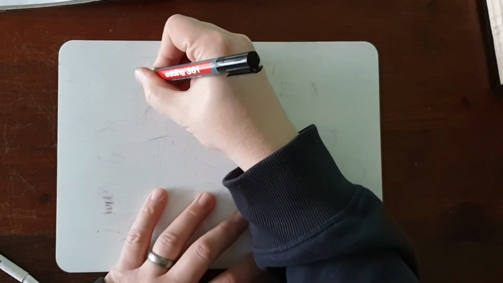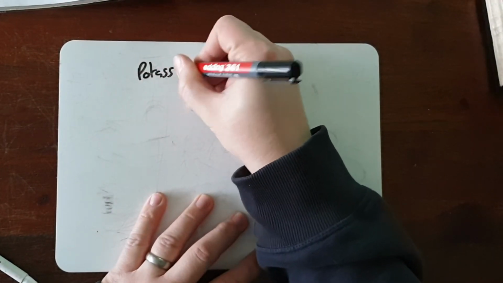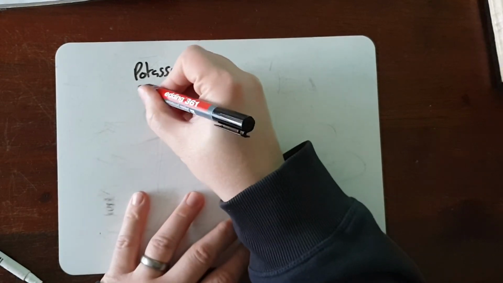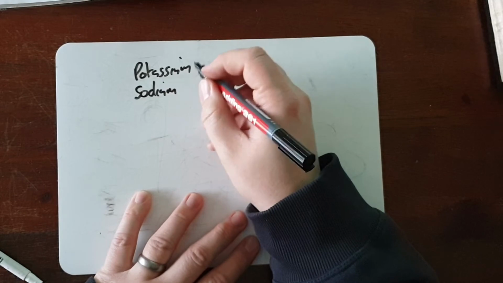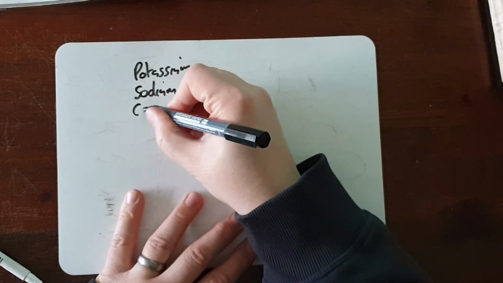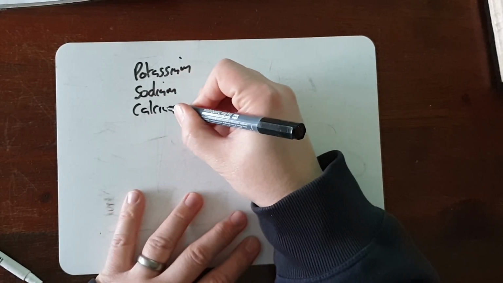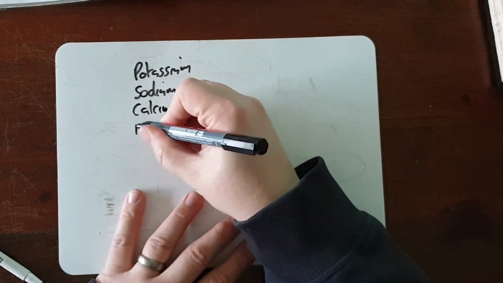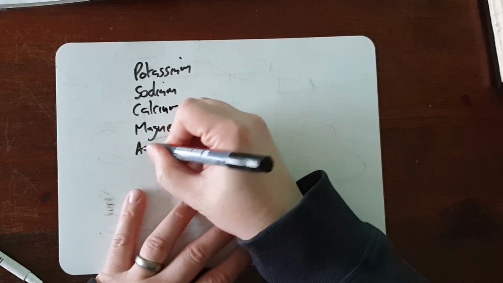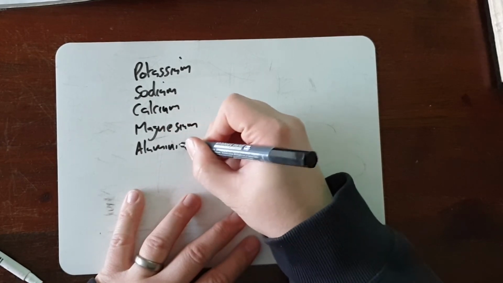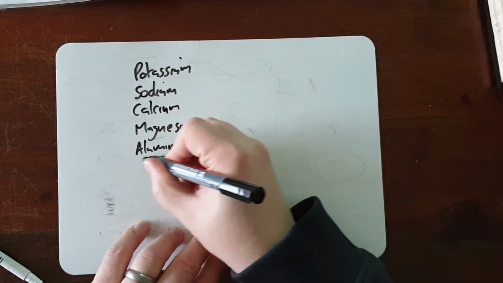So if we have, I'm going to write, potassium, sodium, you don't have to memorize this reactivity series, right? There's only a couple that you really need to concern yourselves with, but calcium, magnesium, aluminium. This one's important.